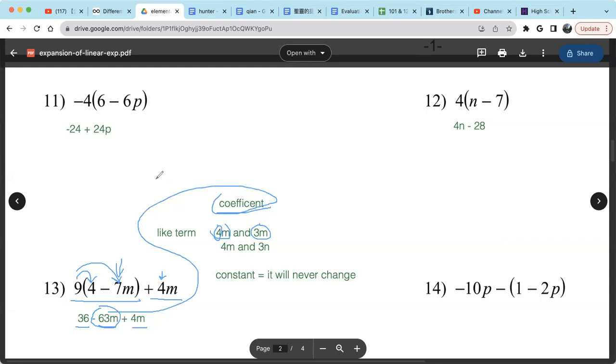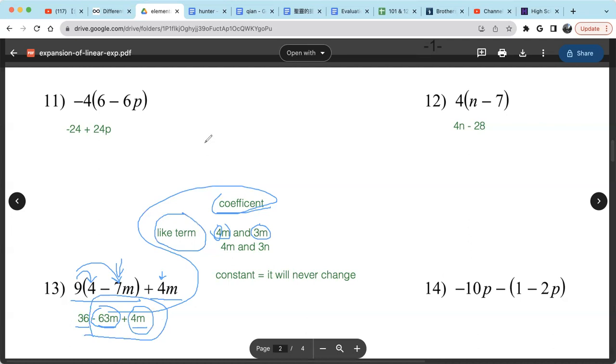Glued together, cannot be separated. So we look at negative 63m as one thing. Same for 4m. 4 is the coefficient of m, and 4m cannot be separated at this moment. But negative 63m and 4m are like terms. They have the same variable m, and m has the same exponent, 1 by default.